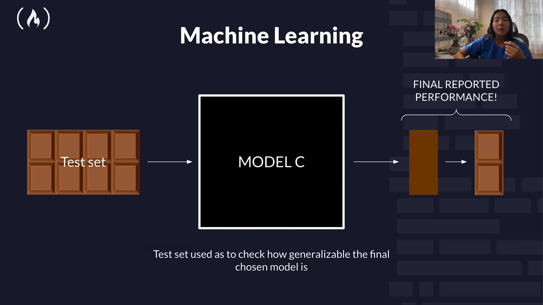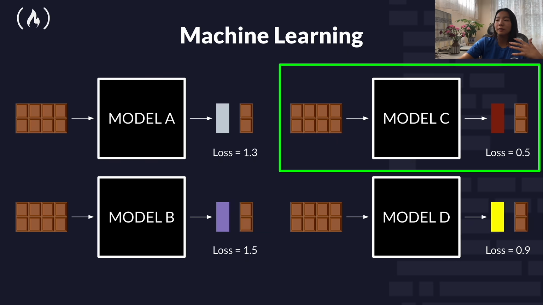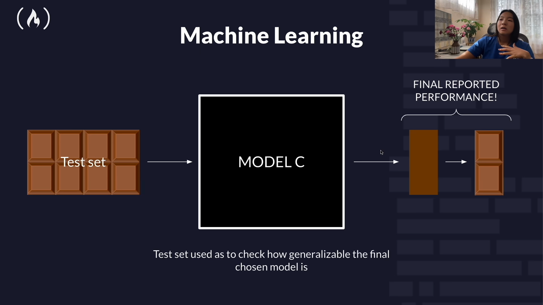Now, after we've come up with all these models and seen that model C is probably the best model, we take model C and run our test set through it. This test set is used as a final check to see how generalizable that chosen model is.